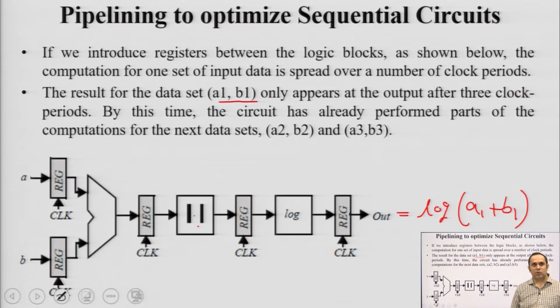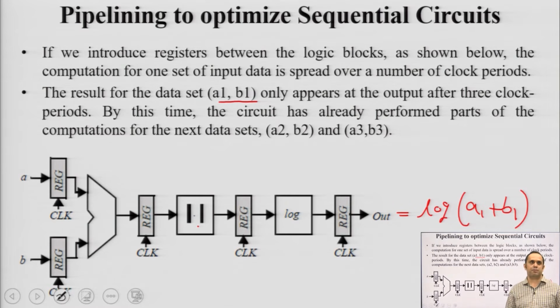Okay. So, in the 4th clock cycle you will get log of A2 plus B2, in the 5th clock cycle you will get log of A3 plus B3. So, instead of waiting for 3 clock cycles every time, after the first result you are only waiting for 1 clock cycle for each result.